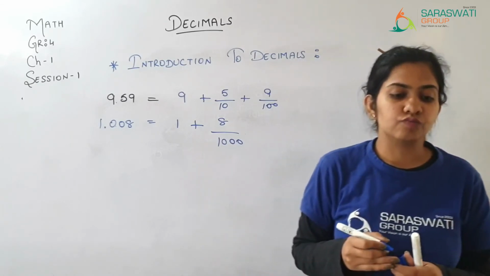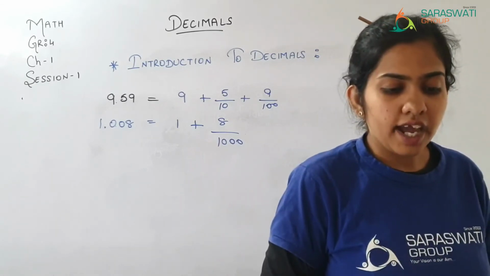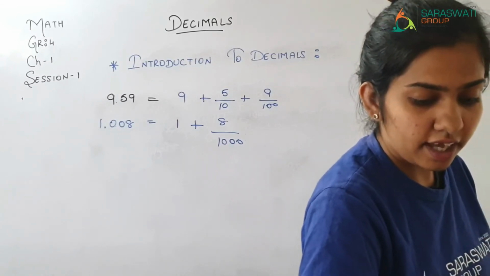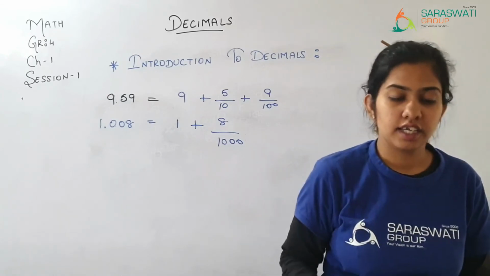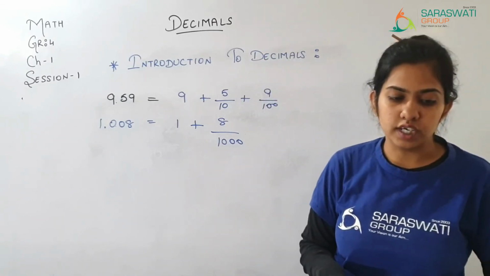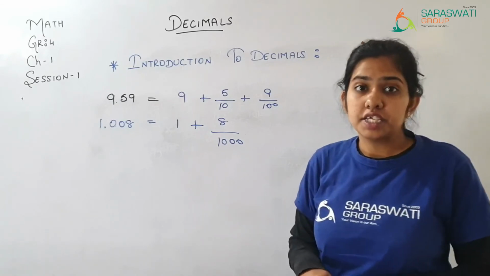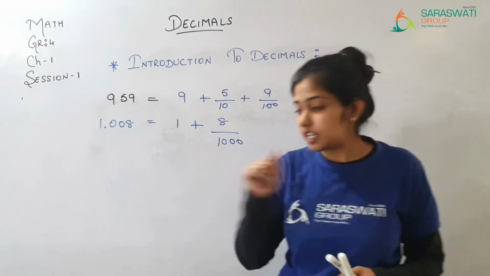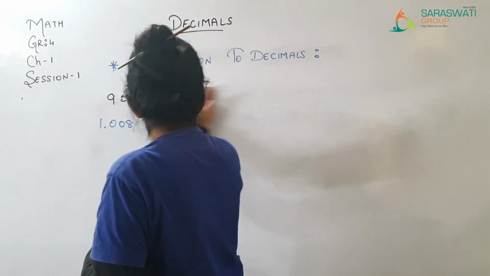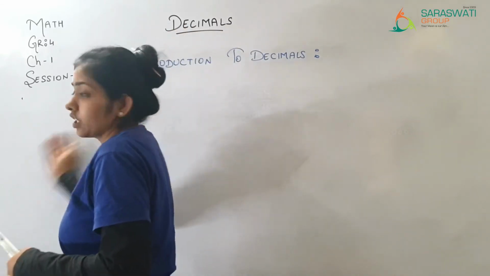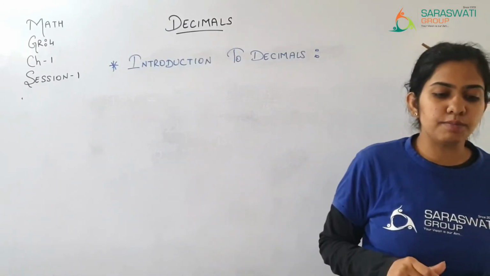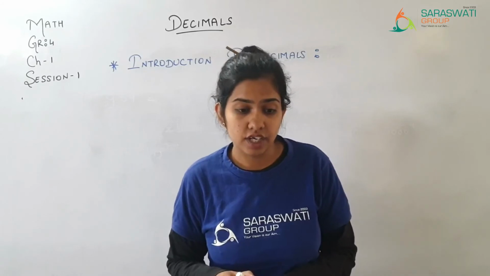Now write the number in the standard form. Now we have to write the given numbers in standard form, okay? Over here the sign of multiplication and addition is given, right?